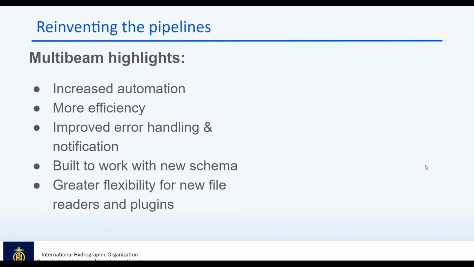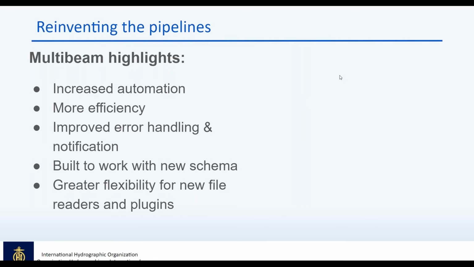To address the shortcomings of our outdated pipeline, our development team is working with us to build a new end-to-end multi-beam archiving system. The new pipeline will feature increased automation, which will provide more efficient archiving times. Our team is also improving our error handling and notifications.